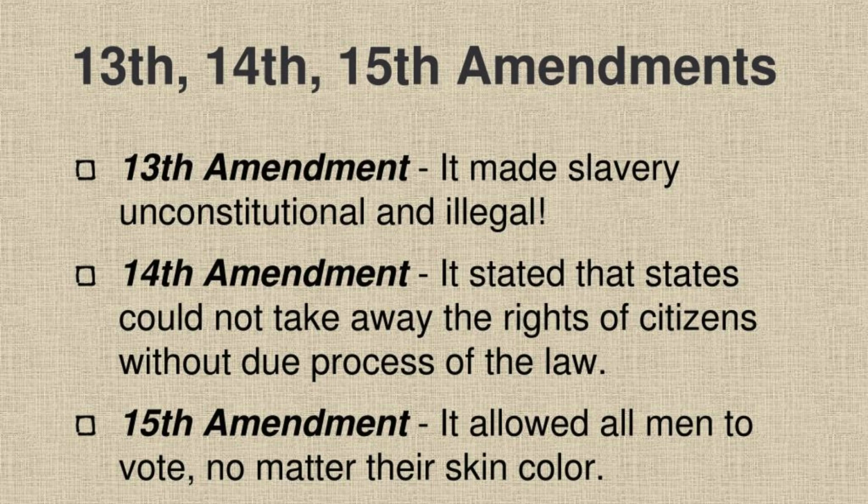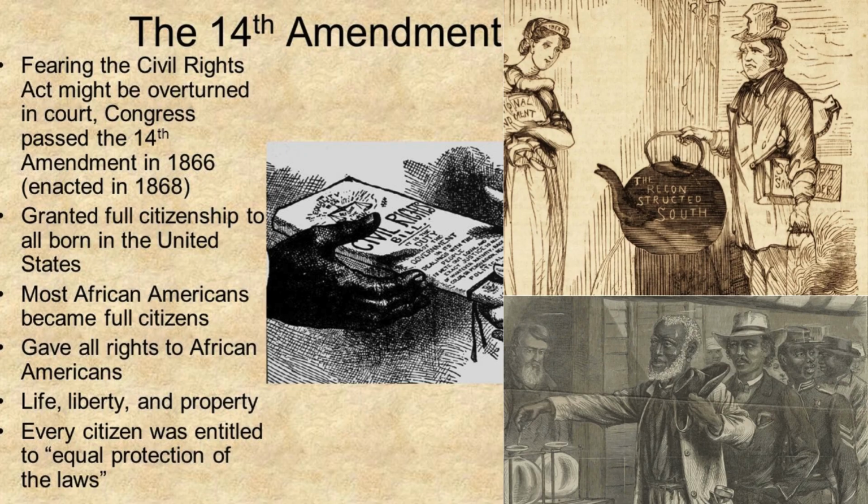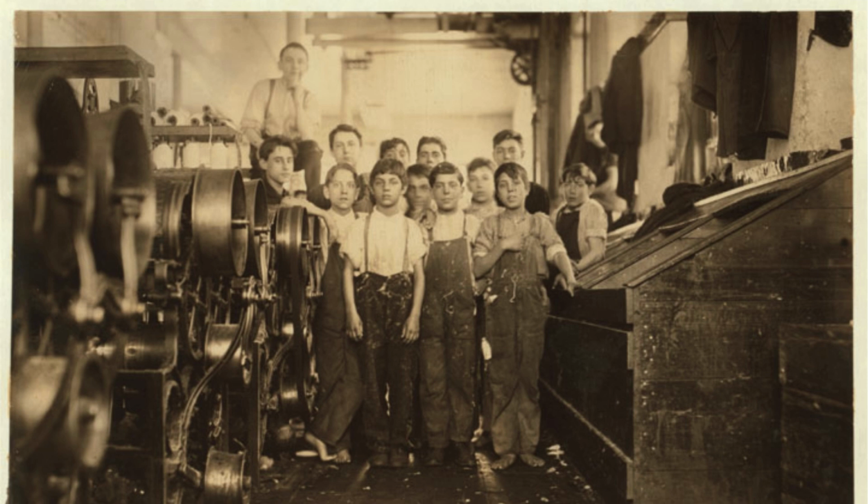The 13th Amendment, ratified in 1865, abolished slavery, while the 14th Amendment, ratified in 1868, granted citizenship and equal protection under the law to all persons born in the United States.